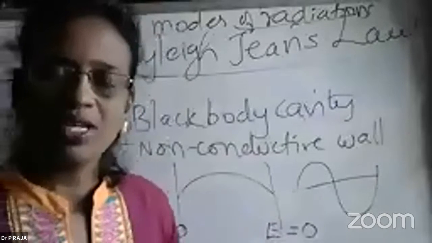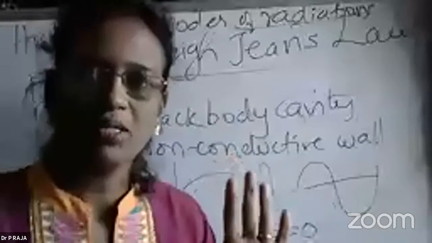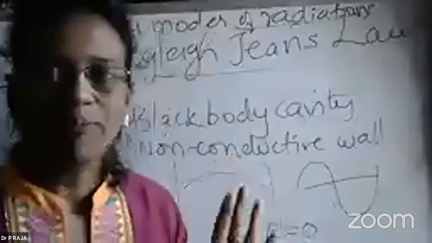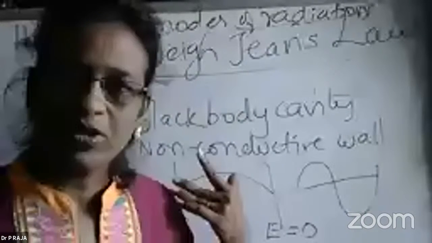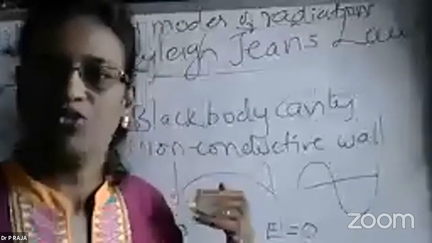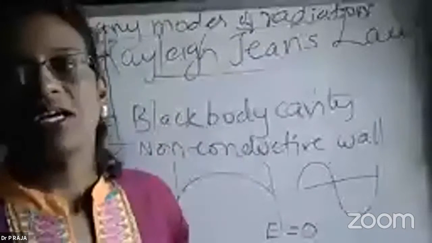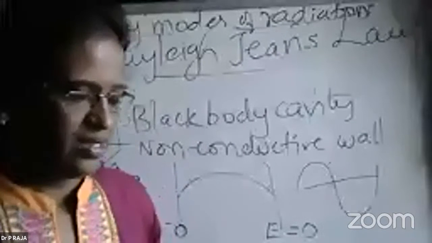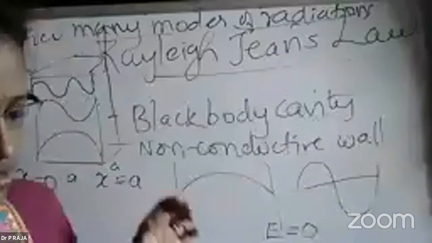All 4 people's contribution in a marathon race is important. The same way here, we first have to know how many modes of radiation are possible within a unit area, and then we have to calculate the energy of the black body radiation within that unit area.